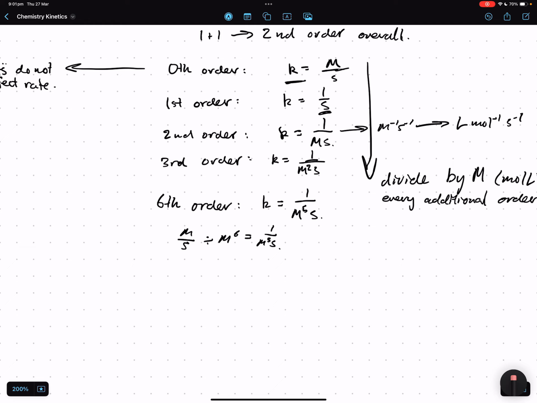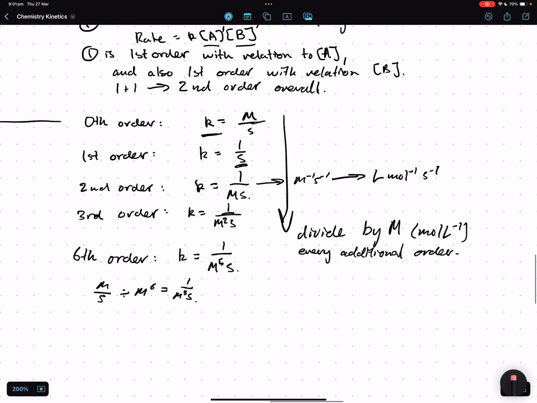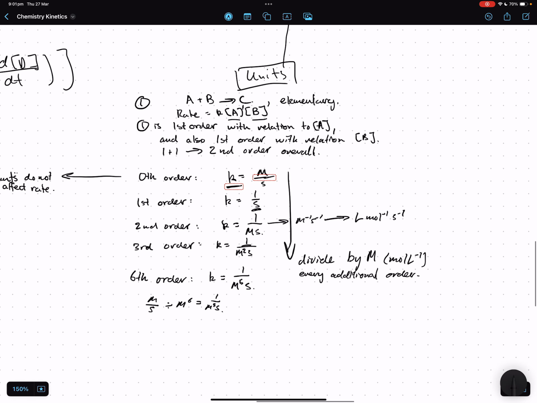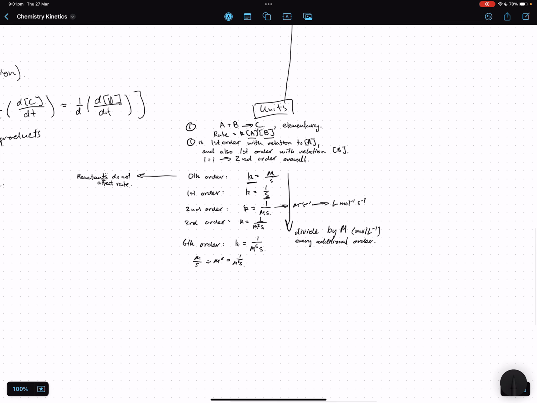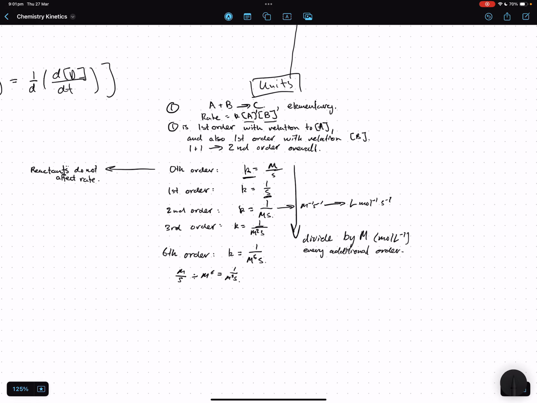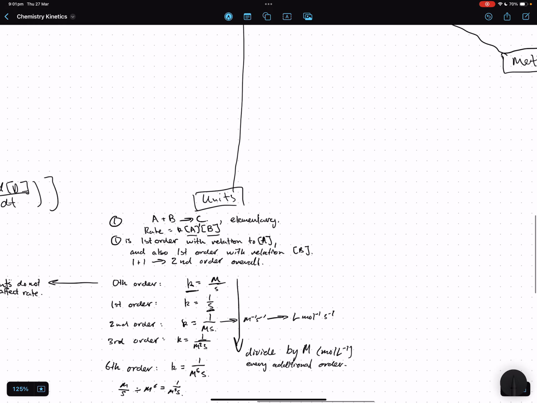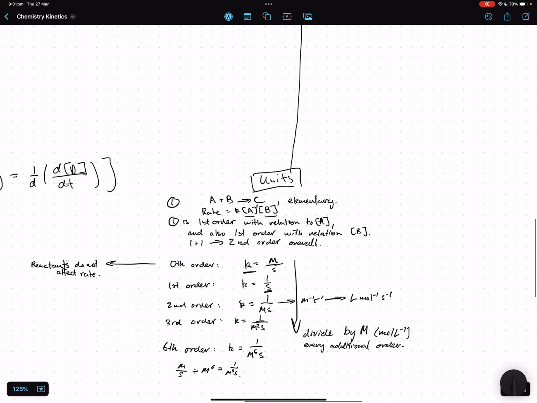That rate constant allows you to tell what values your equation has if you know the rate constant values. So if they give you moles per liter per second, you know it's going to be zeroth order because it's moles over seconds. That's the important little thing about units.